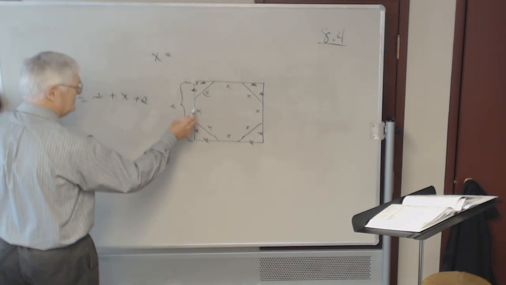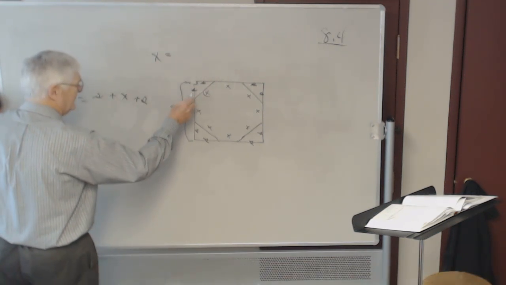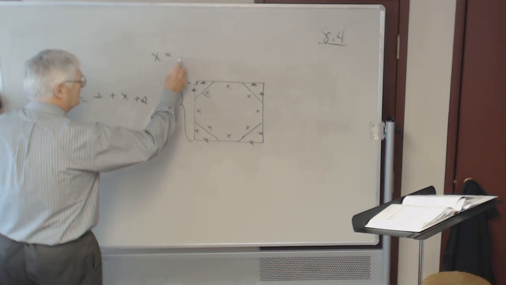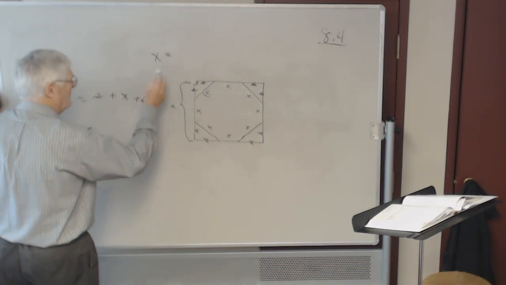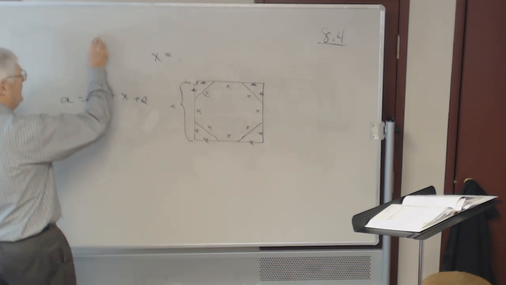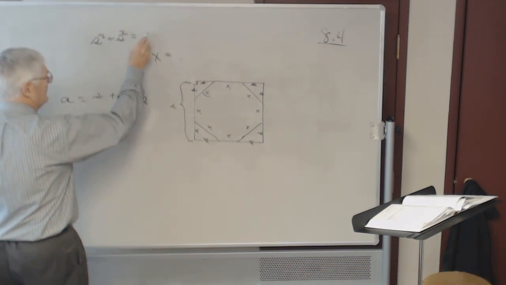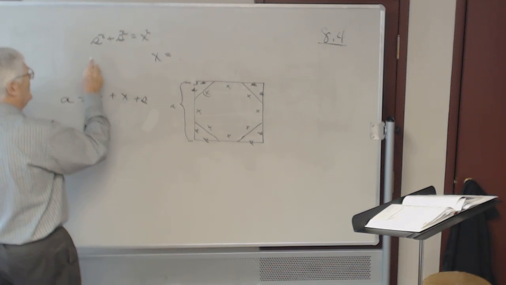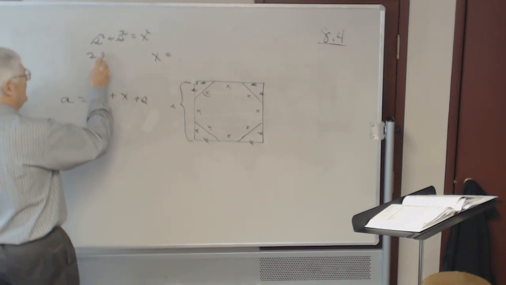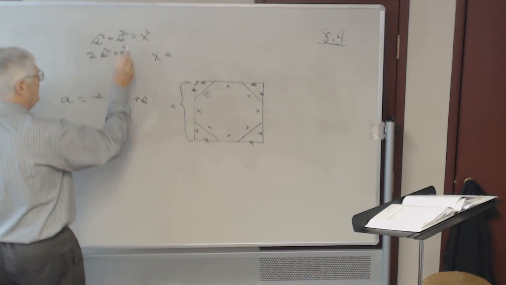And here, X equals, this is the right triangle, S squared plus S squared equals X squared. So 2S squared is X squared.